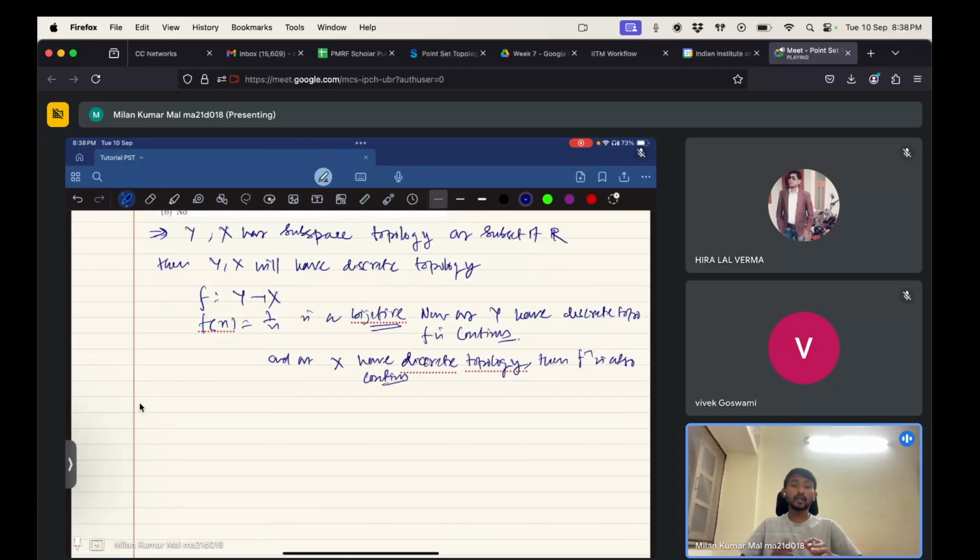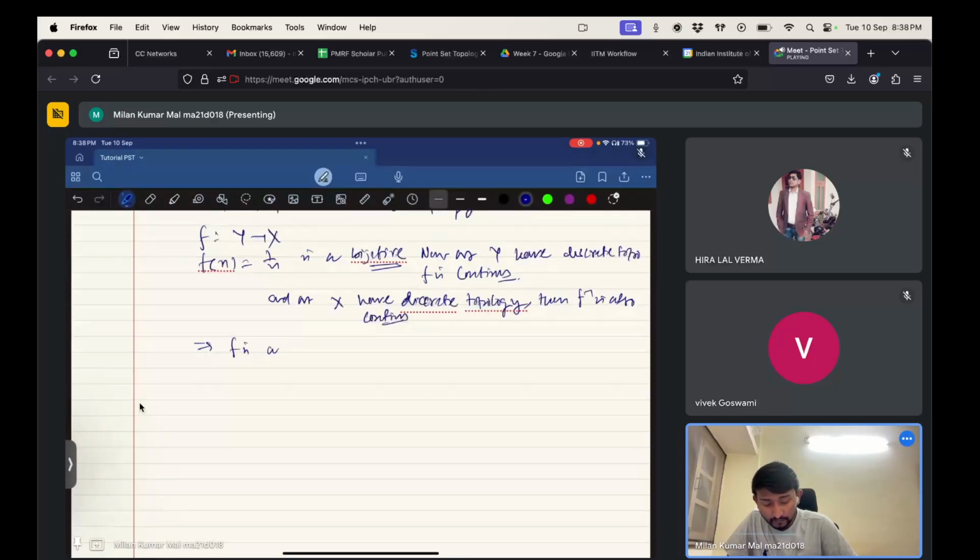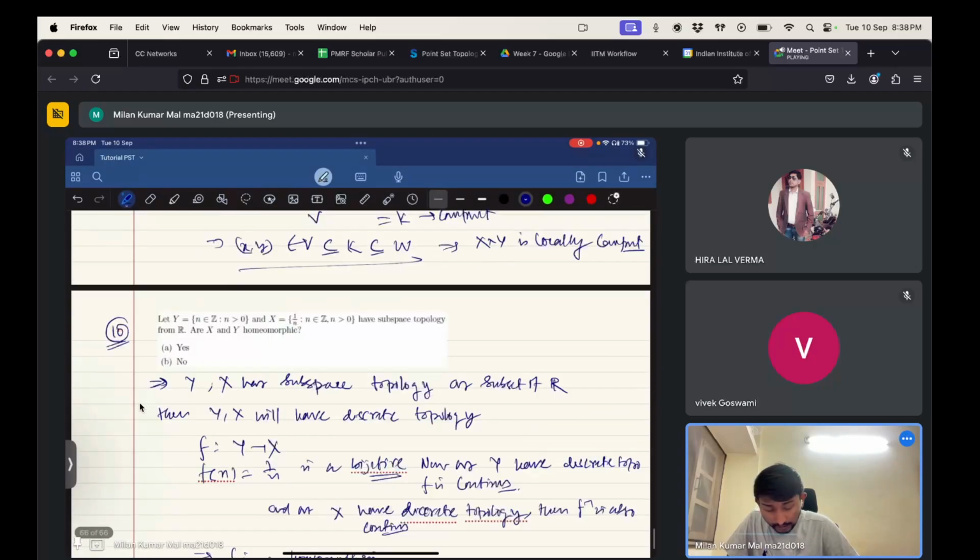Because a few minutes ago I said that if the left hand side has the discrete topology, then whatever the topology on the right hand side, the function will be continuous. Here on both sides we have the discrete topology and f is bijective, so f will be continuous and f inverse will be continuous. That means f is a homeomorphism.